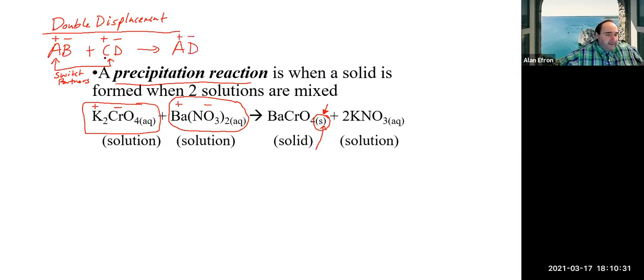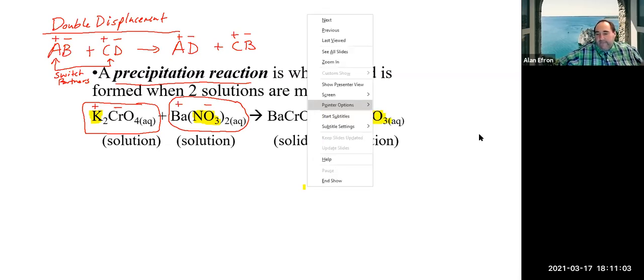C, which is positive, will hook up with the B that's negative and make a second new ionic compound. If we look at our example on the bottom, this is our positive guy in the first. He's going to hook up with the negative guy in the second one. That is how we get the potassium nitrate.